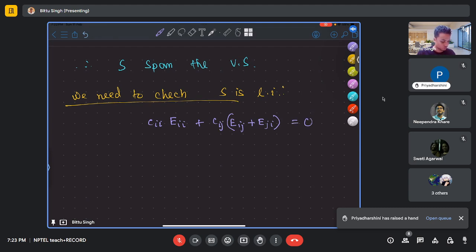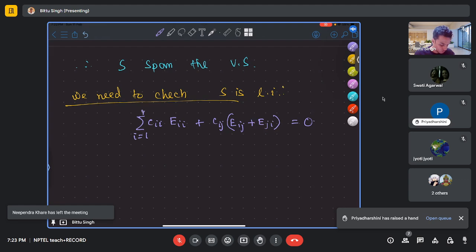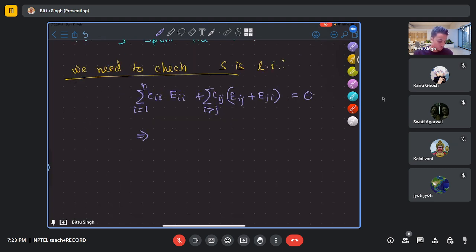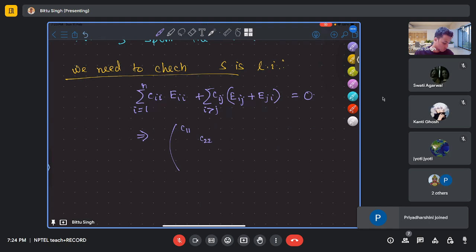Consider this equal to 0, where i runs from 1 to n, and here i comma j, i is strictly greater than j. If you consider this to be 0, this will imply, if you expand, this is the same as C11, C22 and CNN at the diagonal, and for example, if you choose i to be 1, then it will be C1 and something, for example, j to be 2.